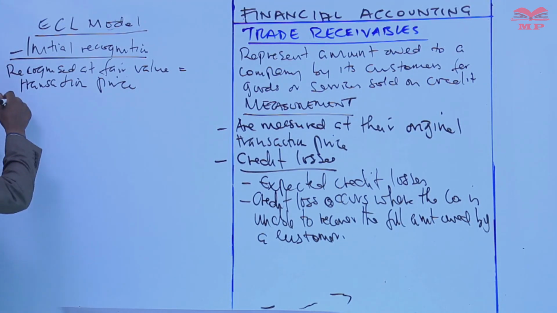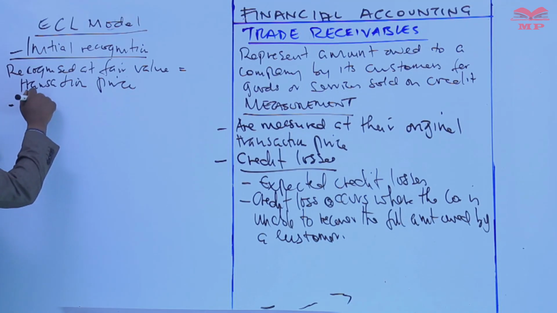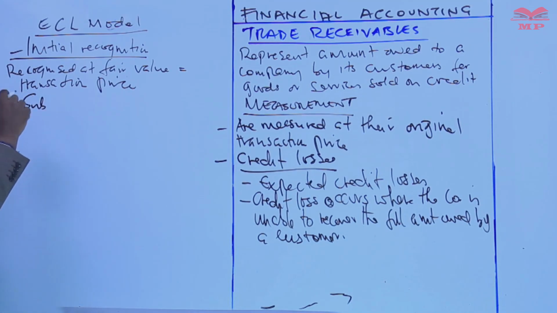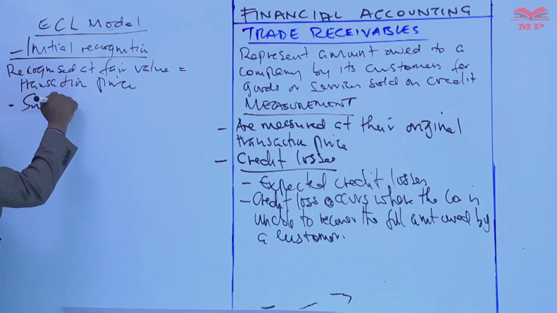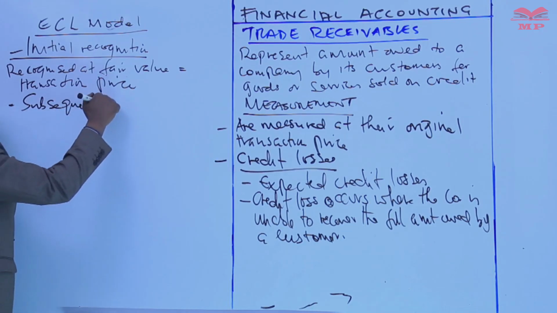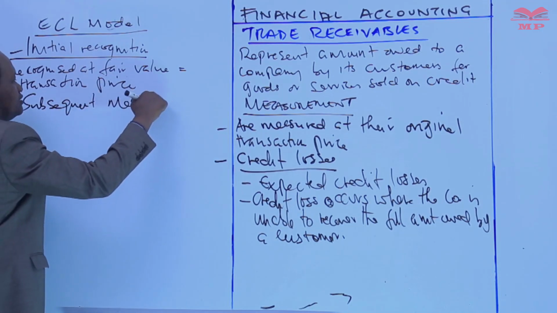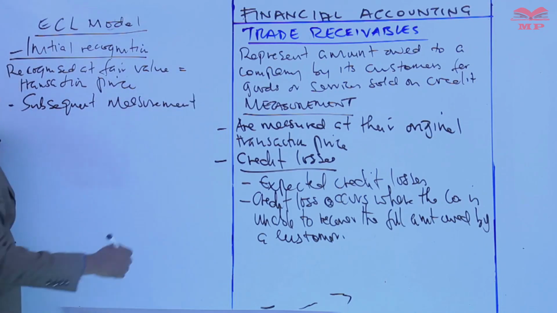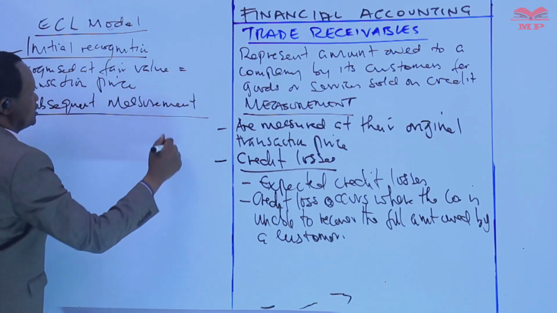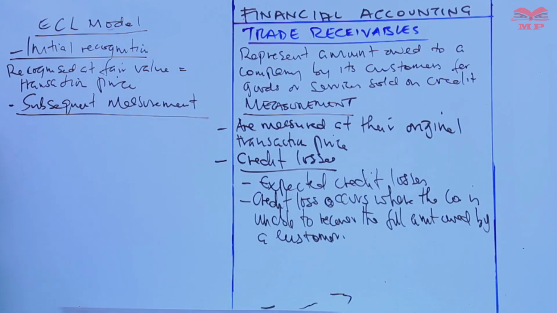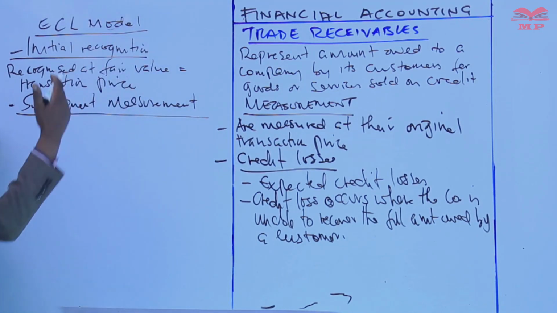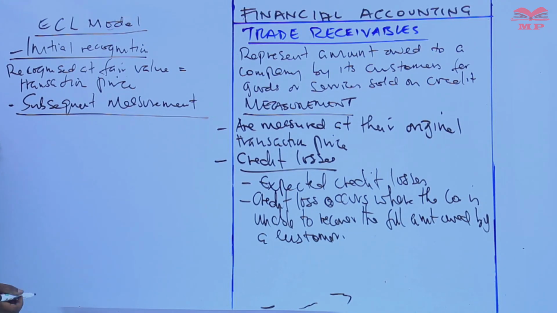Then we have subsequent measurement. After the initial recognition, how are trade receivables measured?